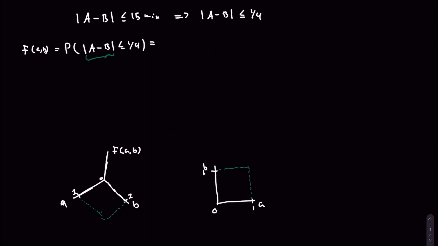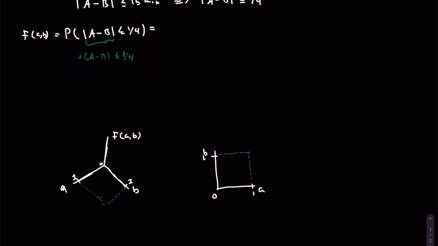When this is positive, we have A minus B less than 1/4, and then we have the other version, which is minus A minus B less than 1/4. And I'm going to plot both of these out here.